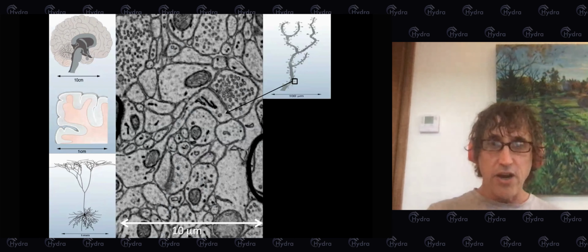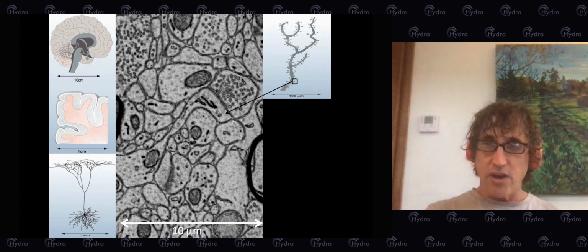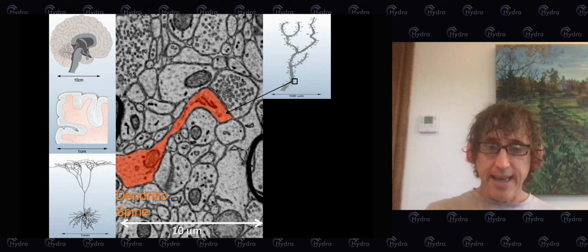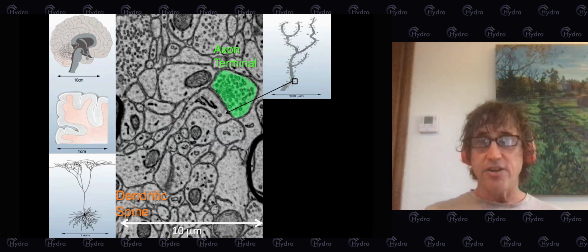So if I look at an electron microscopy image of this, I'm down another factor of 10 with an electron microscope image, and what I see here is a slice through a dendritic spine. On the other side of this spine is an axon terminal. You see those little round shapes here? These are the vesicles that contain the neurotransmitter.